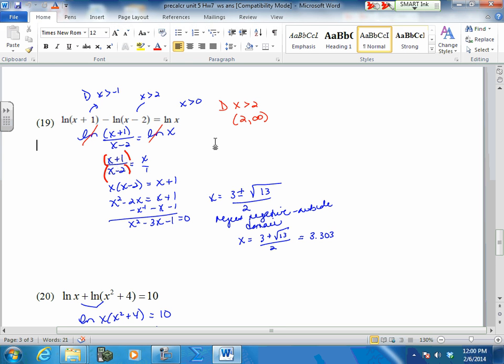Now, we're going to automatically reject the negative because we can't have a negative in there. And it's going to have to be bigger than 2. That's what our domain has to be larger than 2. So if this one came out to be larger than 2, we at least know that could be doable. And here's another thing. When you put this in, if you put this in with 3.303 when we round it, remember it's not going to be exactly both sides, but it will be in the ballpark.